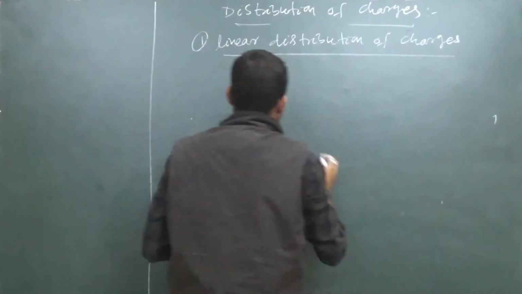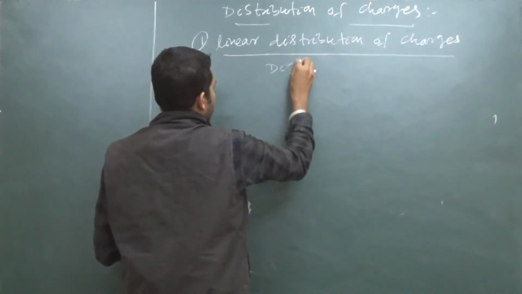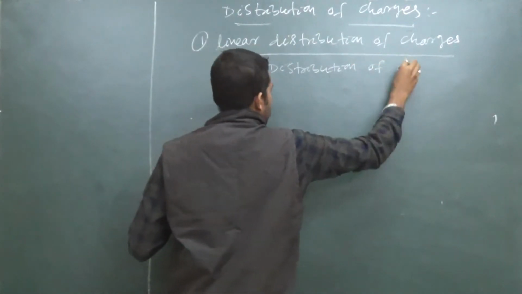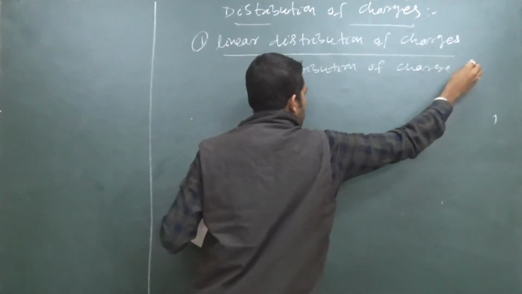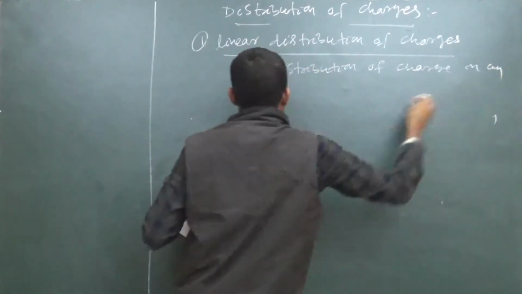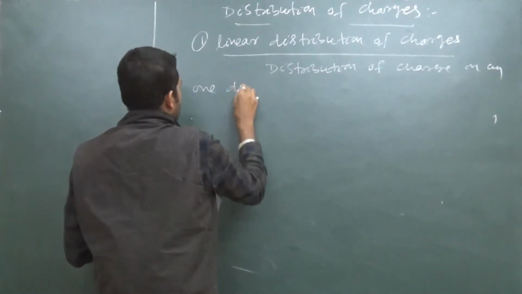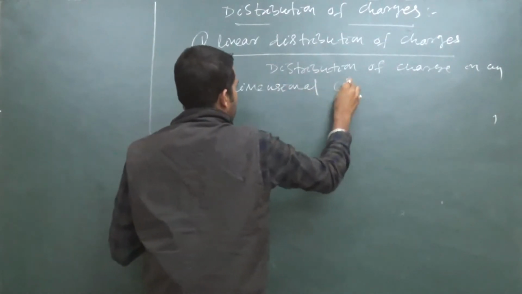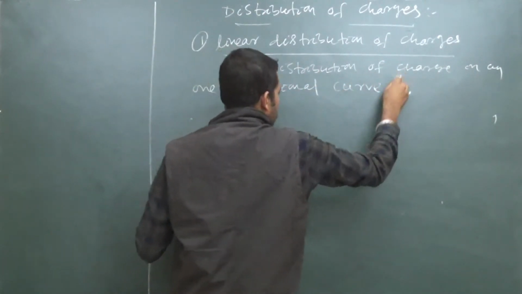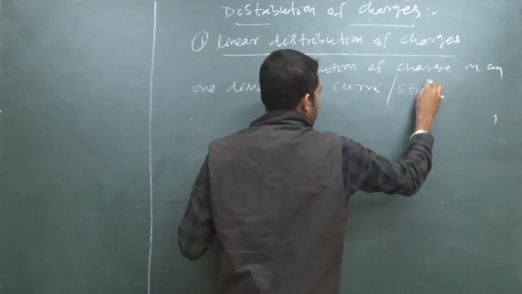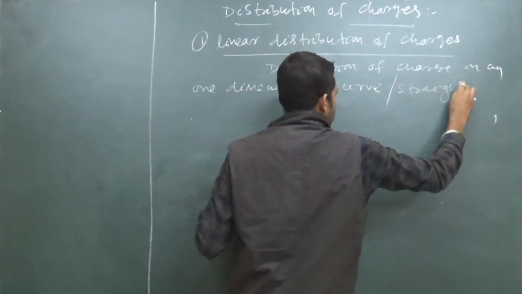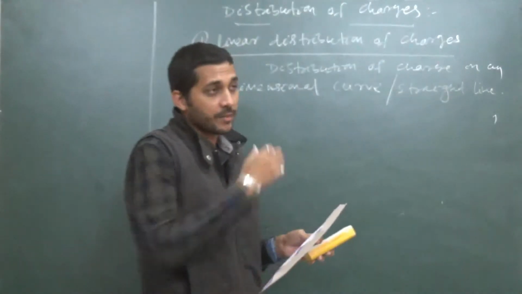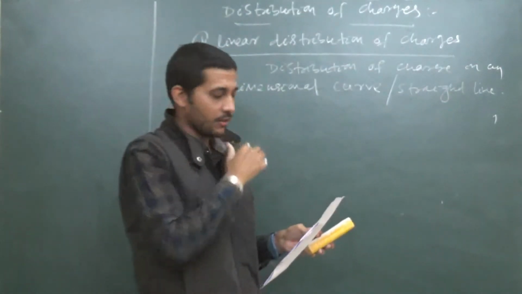We can define this one: distribution of charge in a one-dimensional curve, or we can write straight line. It can be a curve, it can be a straight line, but the major part is it must not be a point.